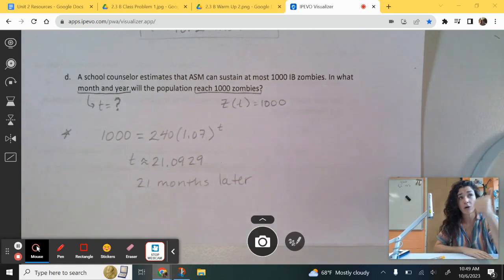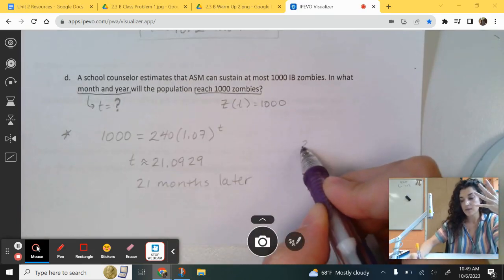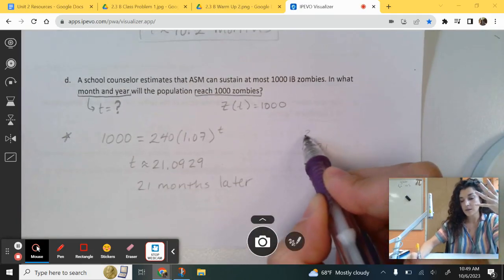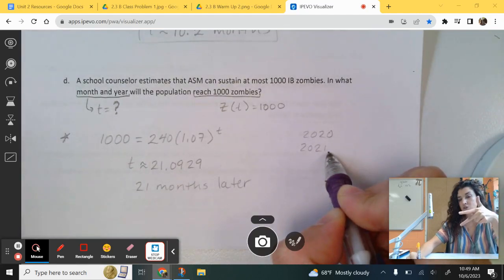So September to October, November, December, January, February, March, April, May, June, July, August, September, October, November, December. Keeping track of my years. January, February, March, April, May, June.